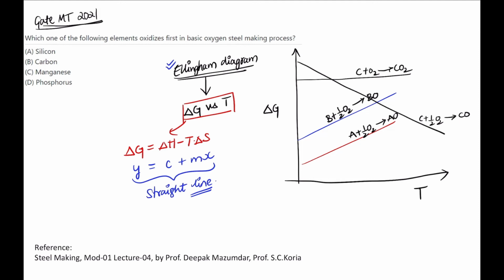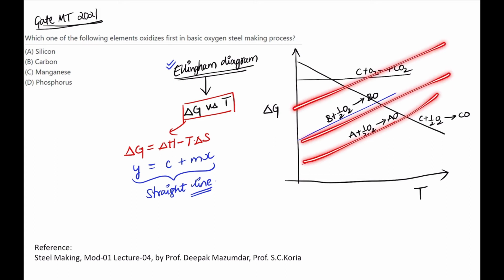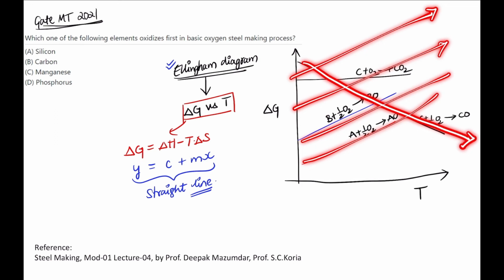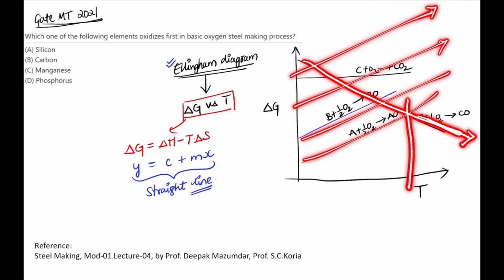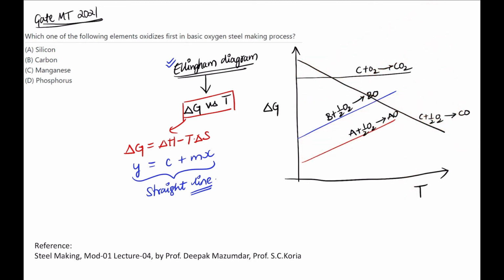All the rest, that means the oxidation reactions of any metal, have a positive slope only. That is the reason why, if you take any particular metal oxidation reaction, at some temperature you can see that the carbon line is lying below the metal oxide. That is why we use carbothermic reductions. One of the best examples is the iron making blast furnace, right? We produce CO in the tuyere zone so that it can reduce my iron oxide, which is somewhere here.